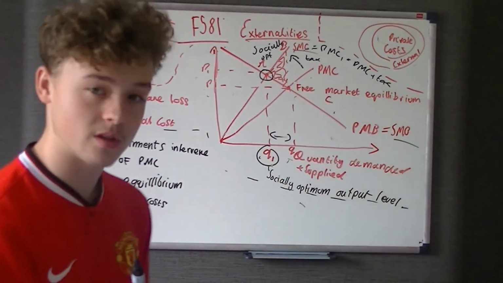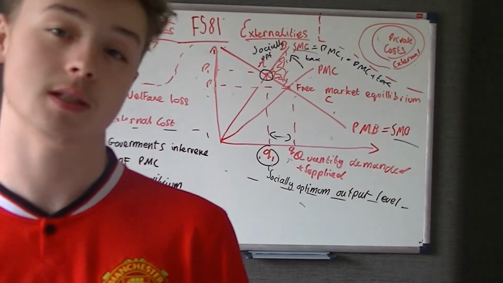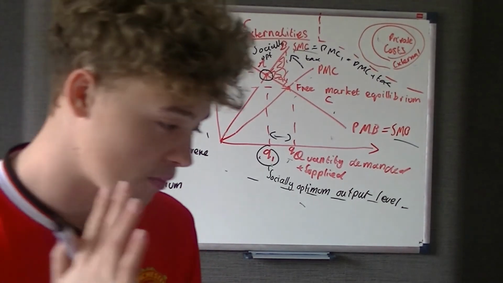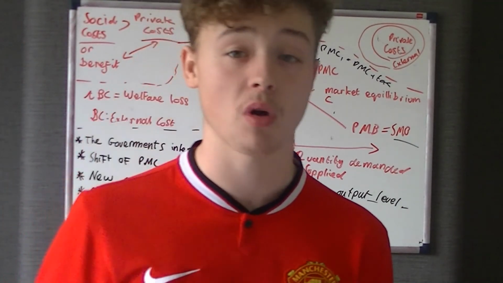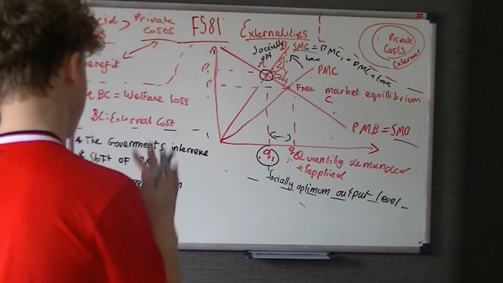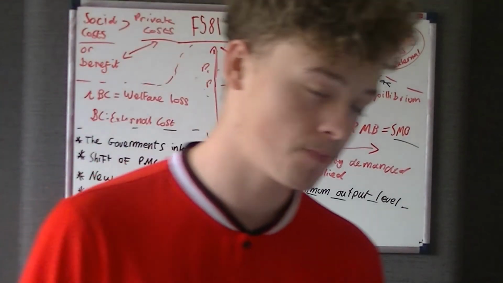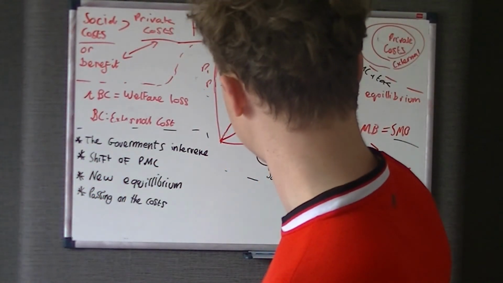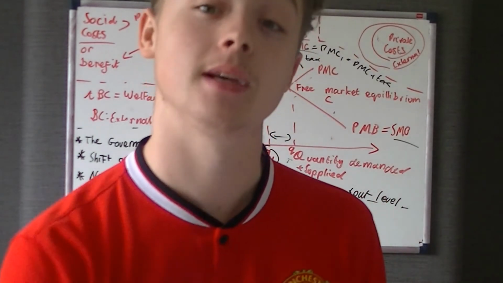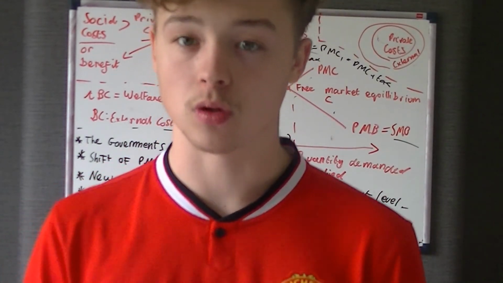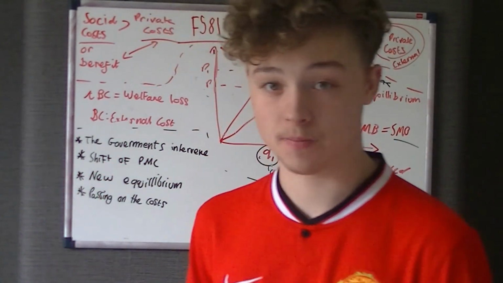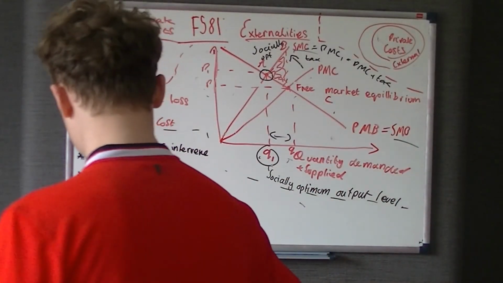And the reason the firms increase their prices is because they are profit maximisers and want to maintain their profit margin. So they increase the price and put it onto the consumers. And now it reduces to the socially optimum output level, assuming that the tax is equal to the value of the negative externality. That's your fourth paragraph done.